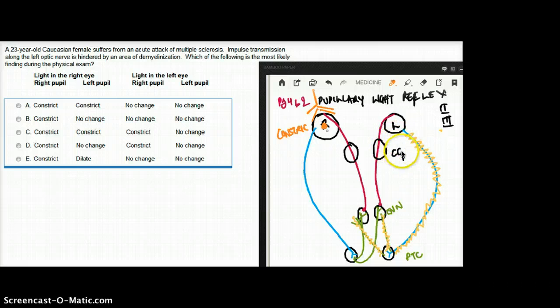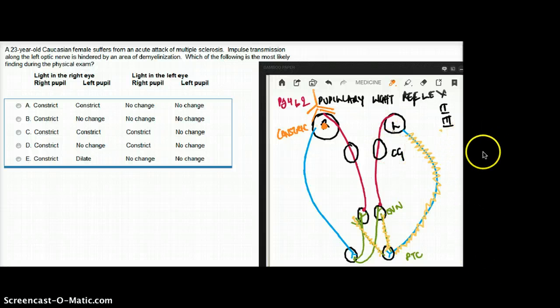This impulse is carried by the optic nerve, and from the pretectal nucleus, the information is carried to the Edinger-Westphal nucleus, no problem, right? There's no demyelination here, no demyelination here, and from both of these, it is going to go back to the right side and to the left side.